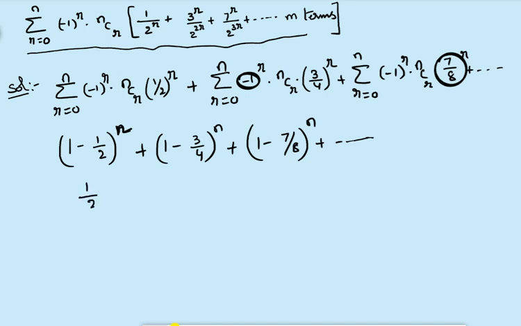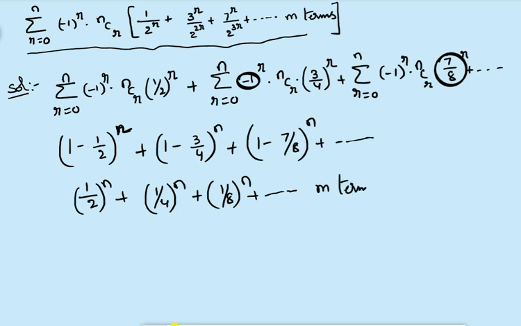Now we can write this as (1 by 2) whole to the power of n, next (1 by 4) whole to the power of n, the next one is (1 by 8) whole to the power of n, plus and so on up to m terms. Now check, this is a GP of m terms.